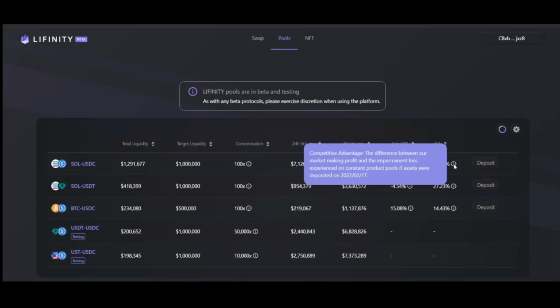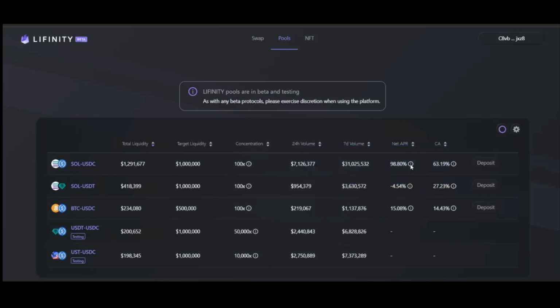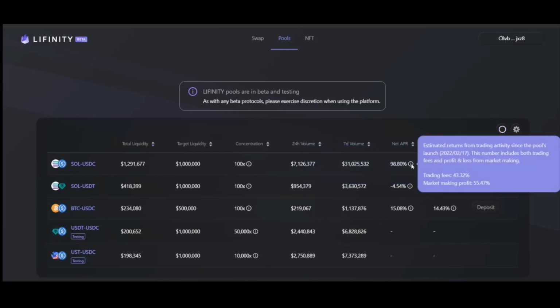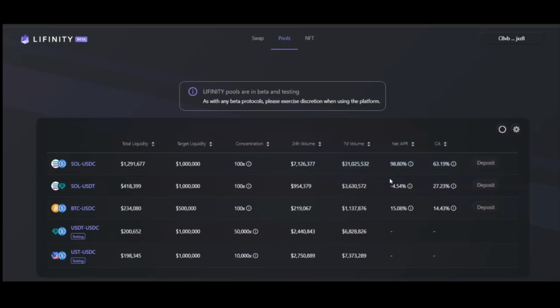So this is the difference between our market making profit and the impermanent loss experienced on constant product pools if the assets were deposited on the same day as whenever these were deposited. So basically, it's just the hypothetical of, okay, if our pools were a constant product AMM, how much better did we do than that? And so this is what this number tells you.